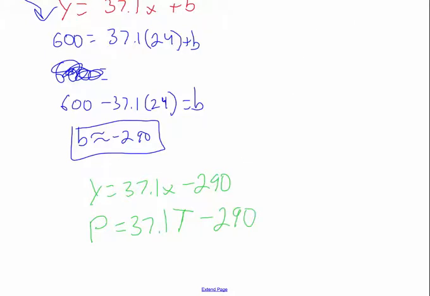What this tells us is we have a slope of 37.1, so a good estimate of the amount of profit you make for every degree the temperature goes up is 37.1. Each time the temperature goes up 1 degree, you can expect to make about $37 more profit.